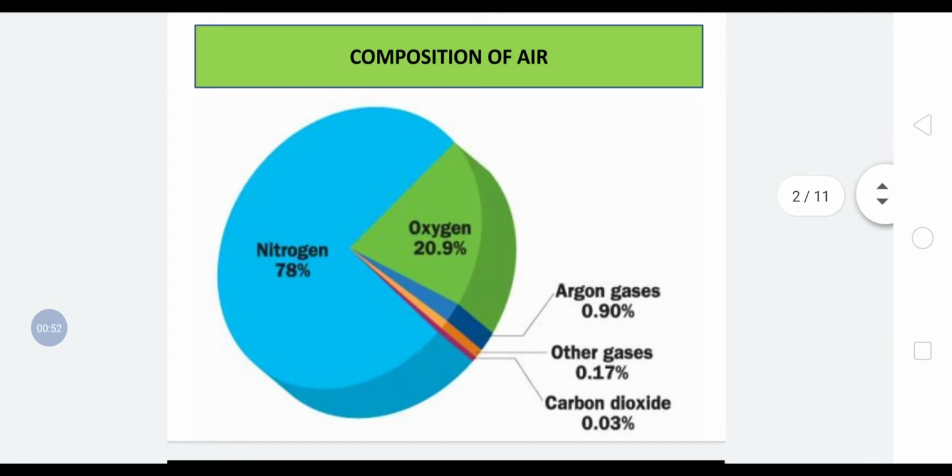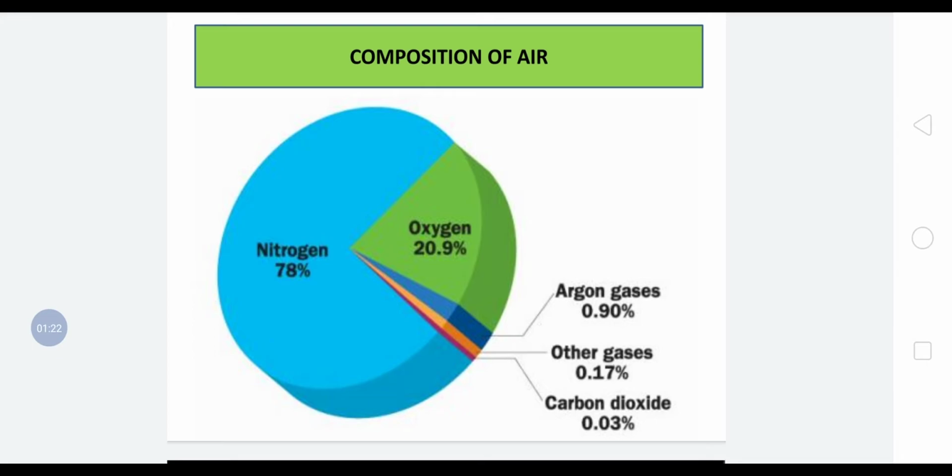You can see according to this pie chart that nitrogen makes up 78% of the atmosphere and oxygen 20.9%. Then there is carbon dioxide, some other gases, and argon, which are lighter gases compared to nitrogen, oxygen, and carbon dioxide.